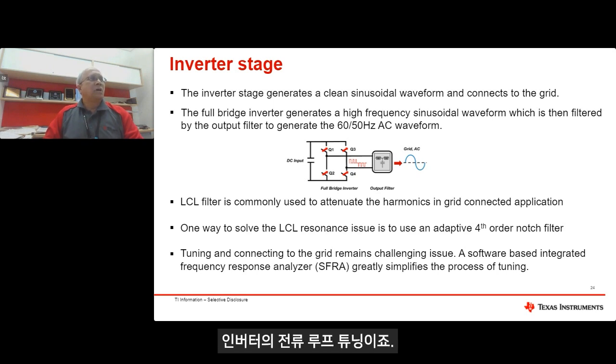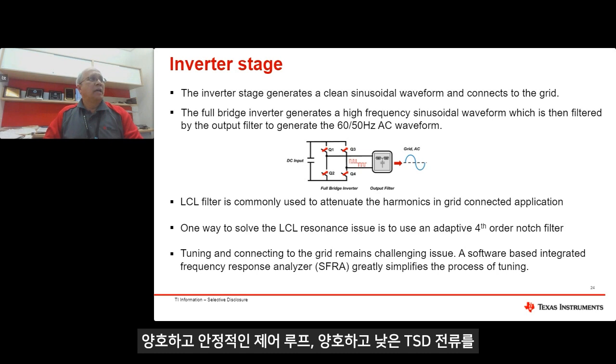Tuning and connecting to the grid remains another challenging issue: tuning of the current loop of the inverter. In that case, a software-based integrated frequency response analyzer (SFRA) greatly simplifies the process of tuning. The software frequency response analyzer can be used to tune the current loop, look at the Bode plot and the stability, and then optimize the control and implement a good stable control loop for good low THD current.